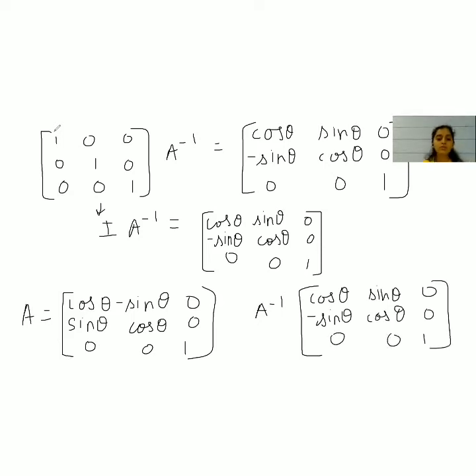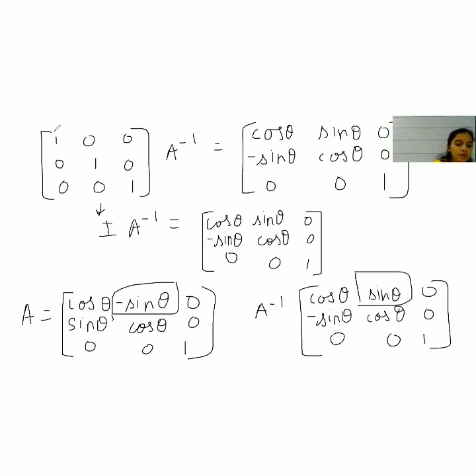Let us observe the two. If you can see, all the elements are same except the sin theta value. That means sin theta is the same, but the signs are different. In A we had minus sin theta over here, and in A inverse we are having plus sin theta.